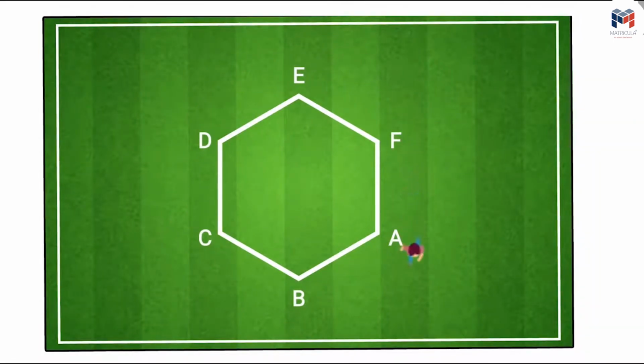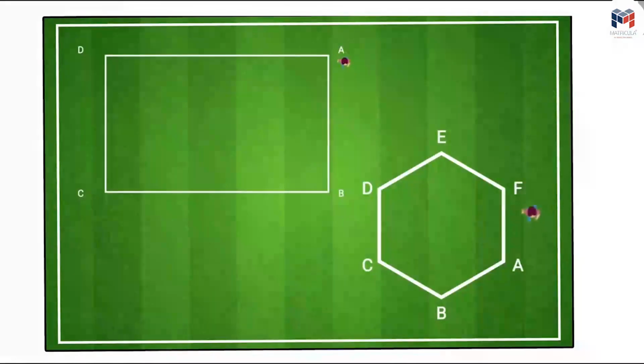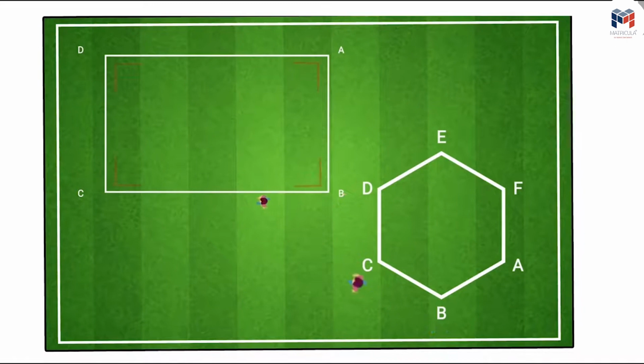In a hexagonal path, the athlete has to change her direction of motion 6 times. Therefore, we can say that with the increase in the number of sides of the track, the athlete has to make more turns.